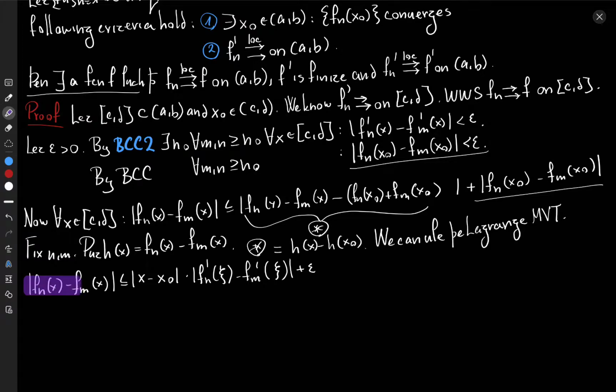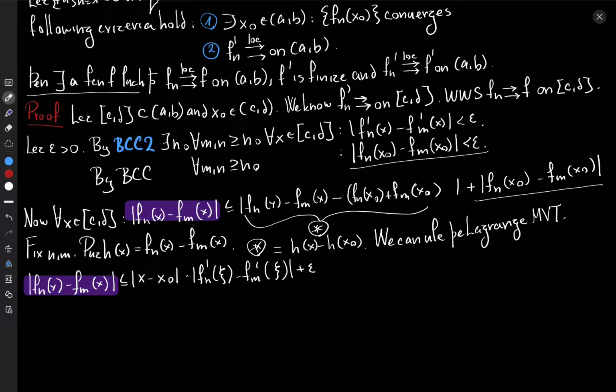We basically took this from here, then we estimated the second term here by epsilon, that's this epsilon right here, and then we applied the Lagrange mean value theorem on this middle term. And what happened? Well, this is the difference of the arguments, almost standard form, and this is the derivative of h at some values xi. So, quite simple, quite straightforward.